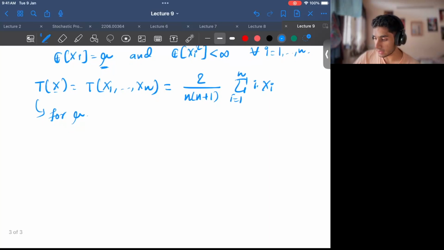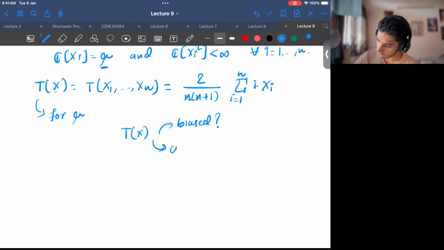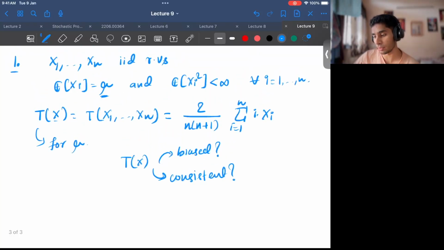The question asked is: is T of x biased, or is it consistent or not? These are the two questions. I hope you get the problem. It's pretty straightforward. You have been given samples x1 to xn. The first moment is mu, the parameter you want to estimate, and the expected value of xi squared is less than infinity.